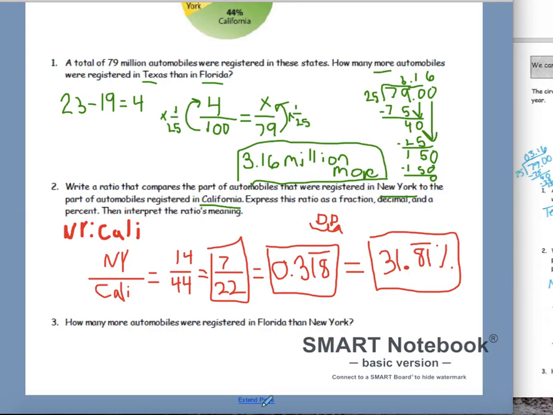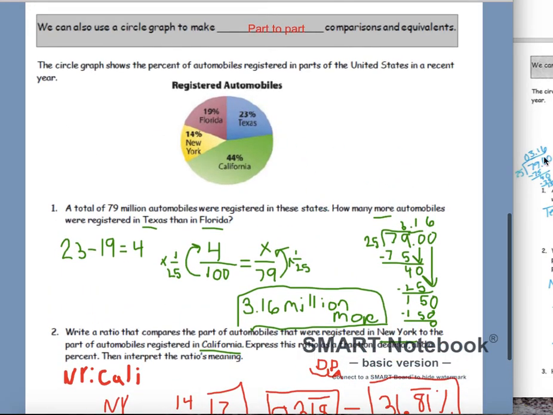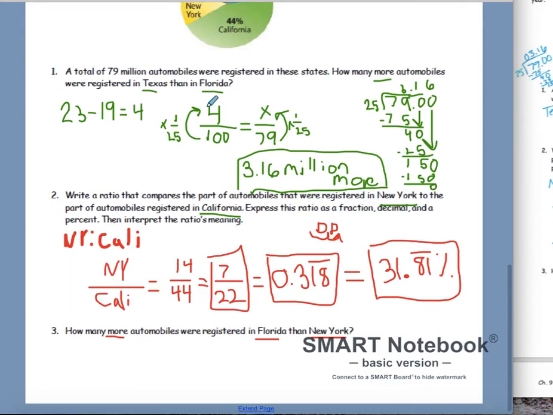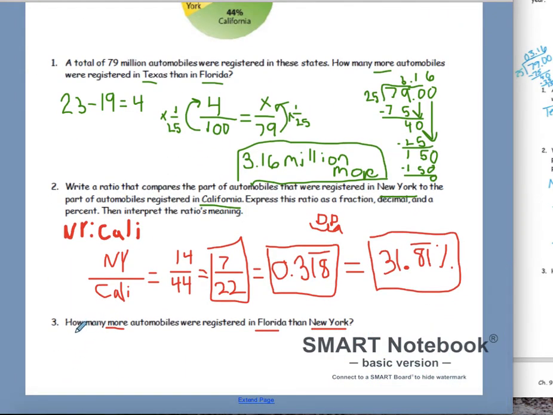And number 3 says, how many more automobiles were registered in Florida than in New York? So again, we're looking for how many more in Florida than in New York. So we're going to come back up here to the top. Florida is 19%, New York is 14%. So 19 minus 14, we're going to get 5%.